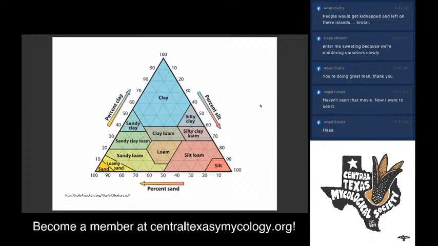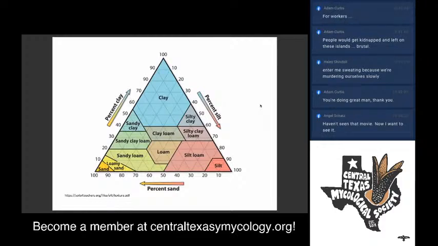And the quickest, cheapest way to tell what you have in your garden is to just take a good, healthy scoop of soil and put that in a jar with enough water to cover it, shake it up, and let it all settle out, and that'll give you a rough estimate of the type of soil that you have.